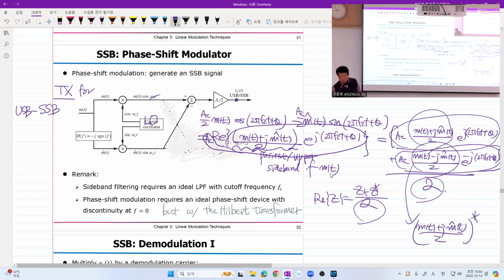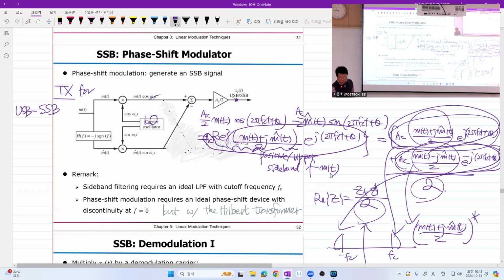It's the conjugate version. And if you put conjugation in the time domain, in the frequency domain it becomes conjugation and negation of the signal. So what you have is what? This one becomes that, and that one becomes this one.